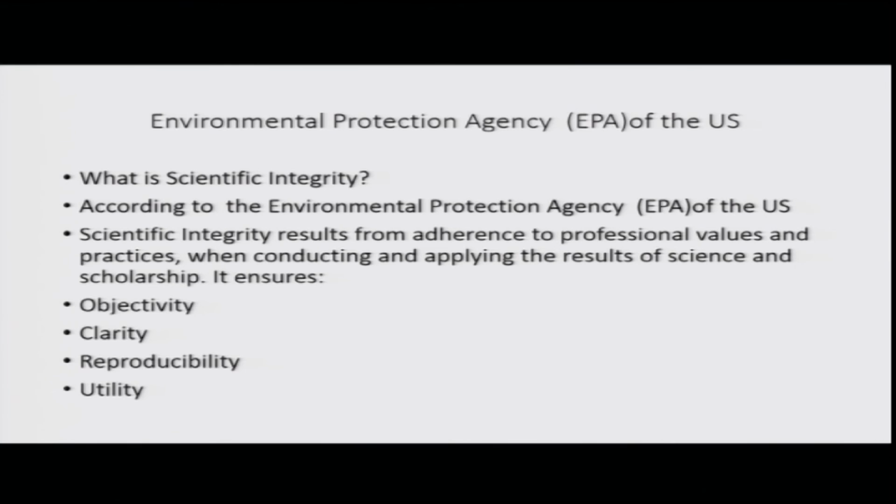If somebody says, I conducted this experiment and got these results, the experiment must be reproducible. But most of the time it is very difficult to reproduce experiments, that is what the literature says. And then it also should have utility. Of course, each country will have its own definition of scientific integrity.